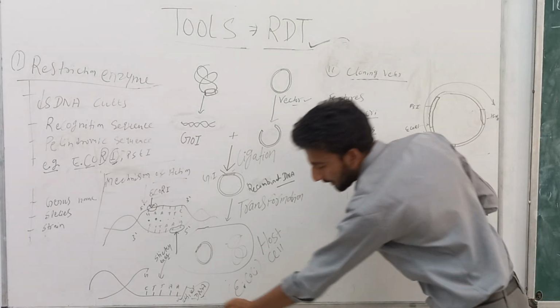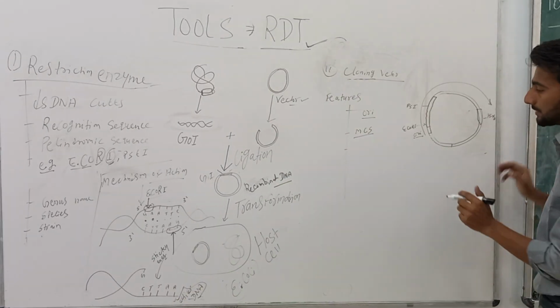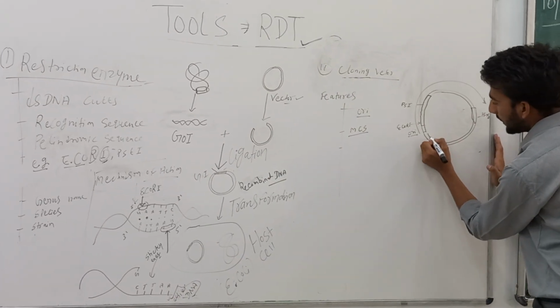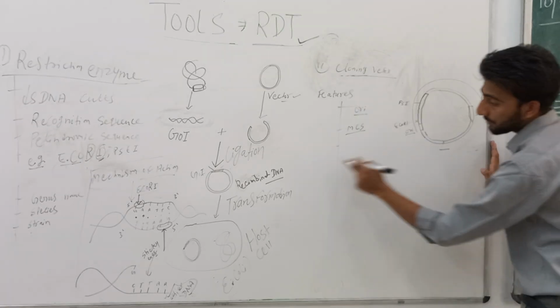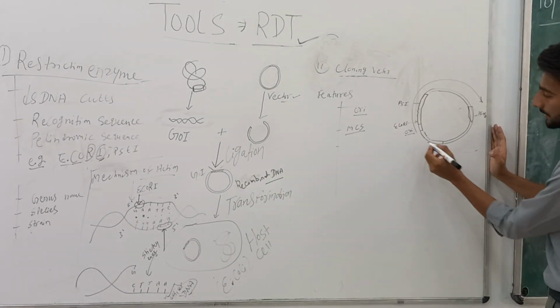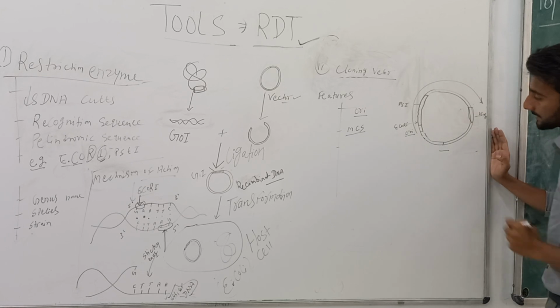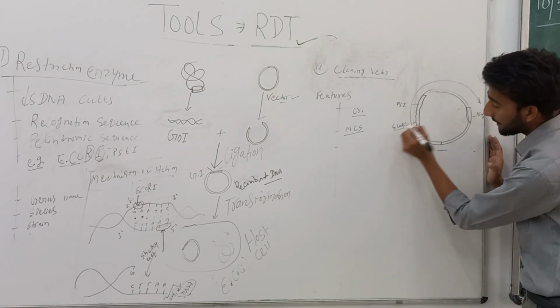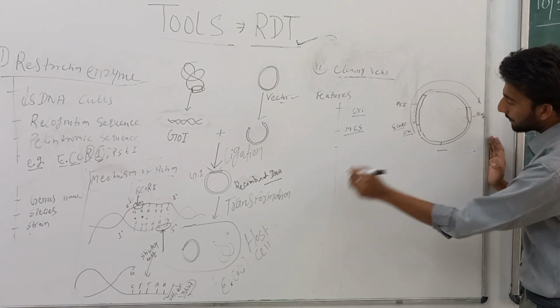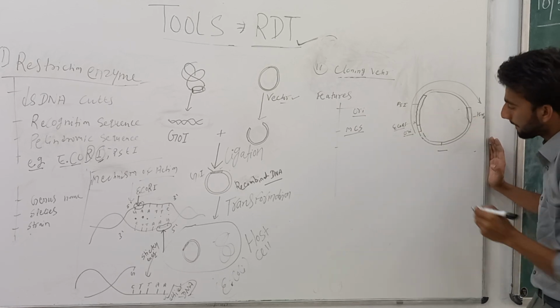Suppose we have a desired DNA and we want to insert it into this vector for transporting into the cell. So we need a restriction enzyme site where the restriction enzyme can act, and we can put our DNA into this.